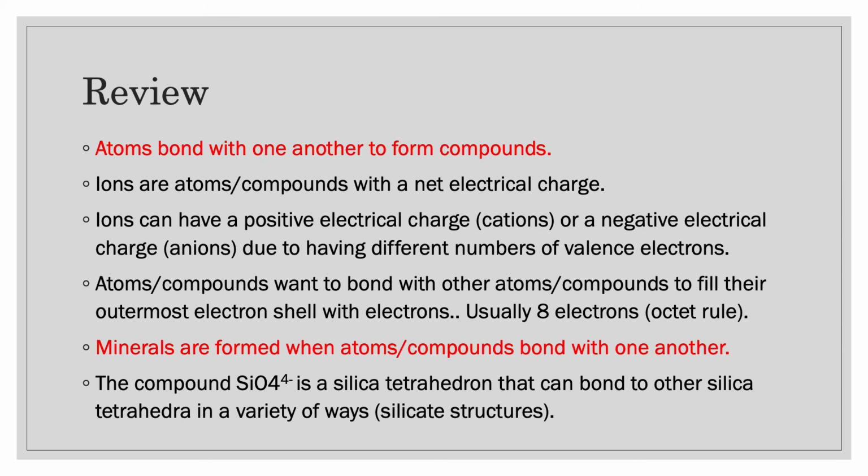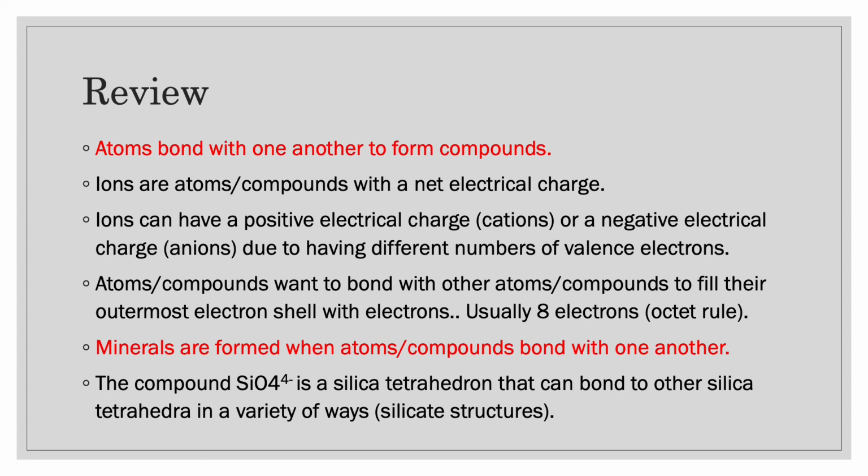But what you need to know is, for example, if you see an atom or a compound with a charge of -2, then it is looking for another atom or compound with a charge of +2 to get to a point where it has a neutral charge as a mineral. And minerals are formed when atoms and compounds bond with one another.